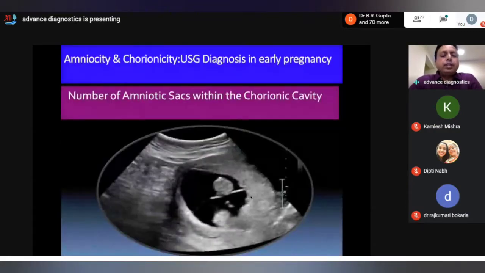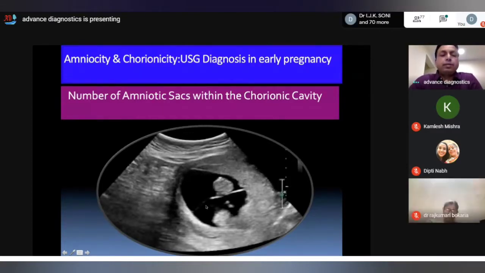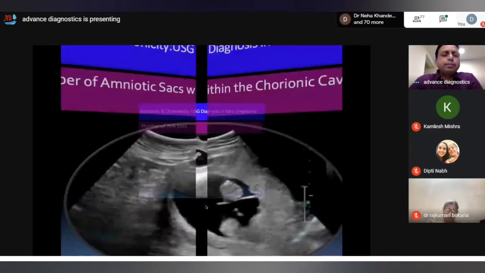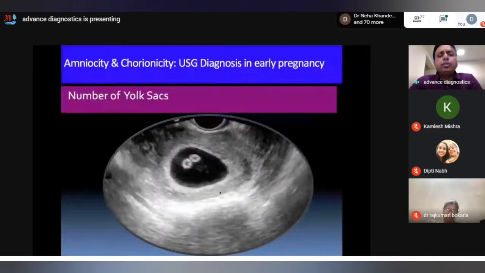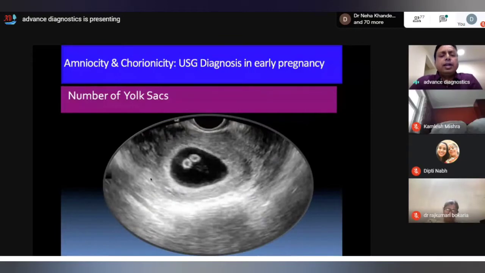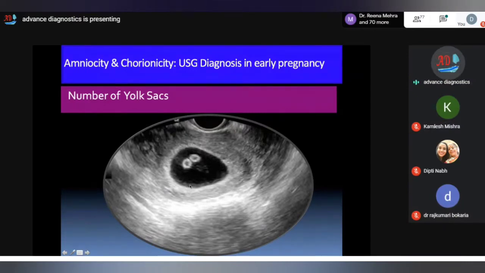If we are seeing a thin membrane between the two fetuses, then they are likely to be monochorionic diamniotic pregnancy. And if we are seeing two yolk sacs in a single sac, then they are most likely to be diamniotic monochorionic pregnancy. But these are all just suspicion.